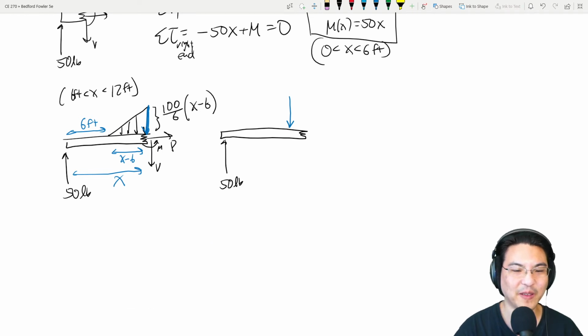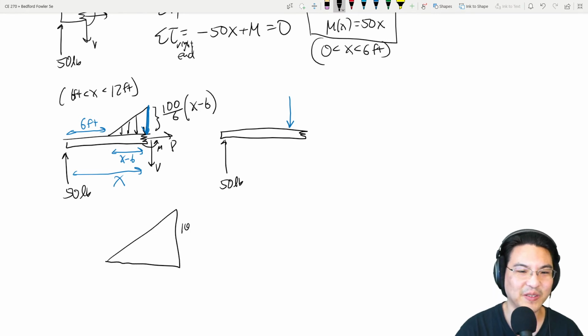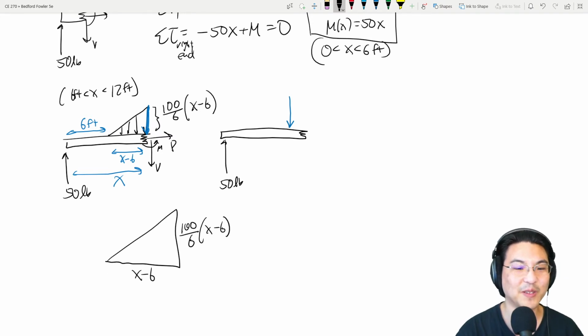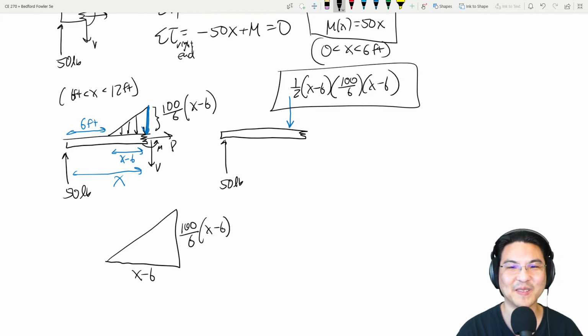So if we want the area of that shape, I'll just draw the triangle again. 100 over 6 times x minus 6, and then here to here is x minus 6. What's the area of the shape? 1/2 base times height. Okay, there we go. I'll just leave it like that. That's the area of the shape.